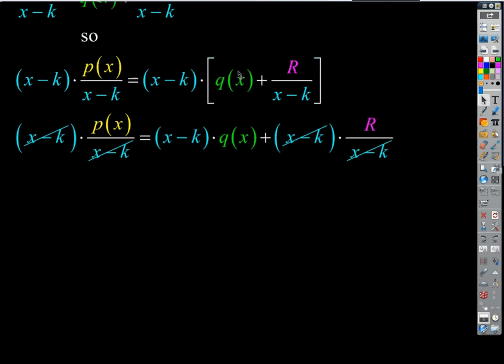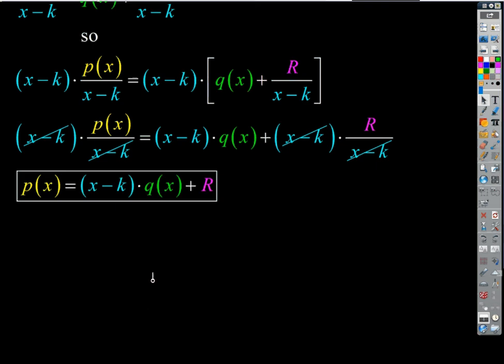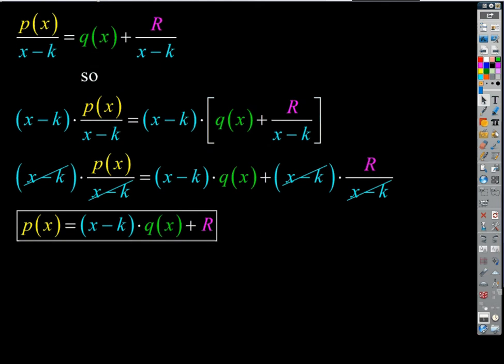What's on the other side? Well, if I distribute the x minus k factor to both of those terms, I'm going to get x minus k times q of x plus, when I distribute to this one, I'm going to get that cancellation again, right? So I end up with something like that. So when we divide, think where this came from.